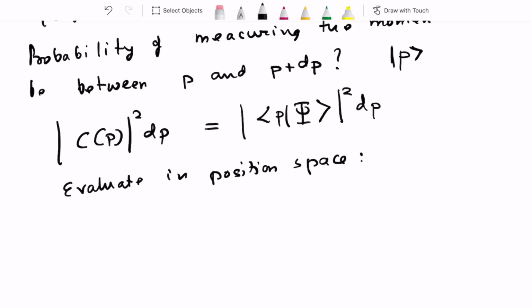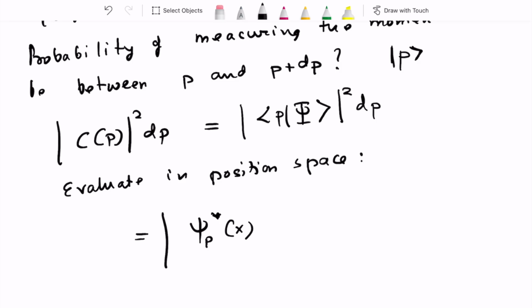So this will be equal to this product. You have to use the position space representation of eigenstate p and also the position space representation of the state psi. We know both of these. So this is going to be psi_p star of x. We worked this out in class, the position space representation of p.